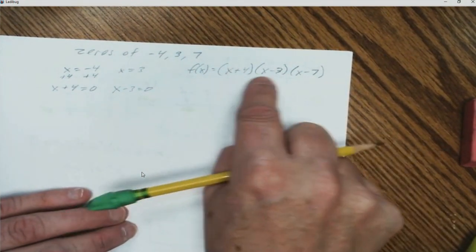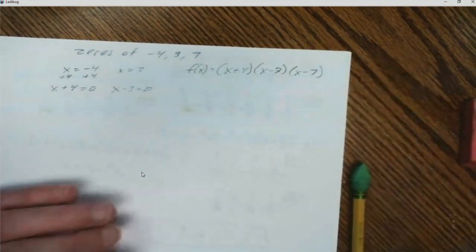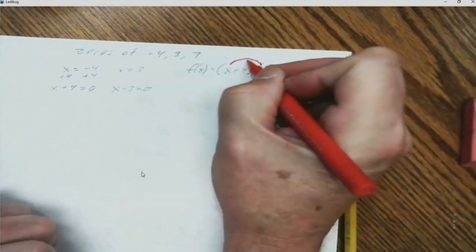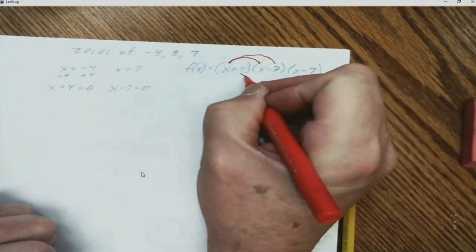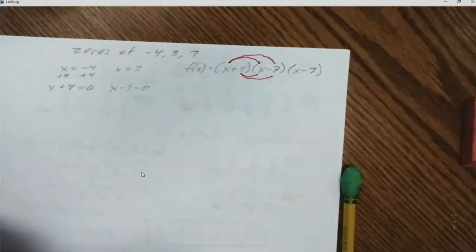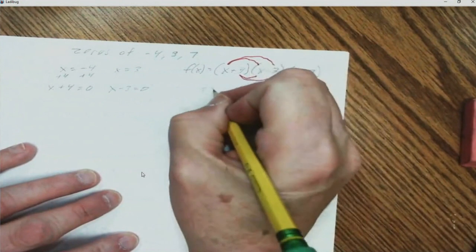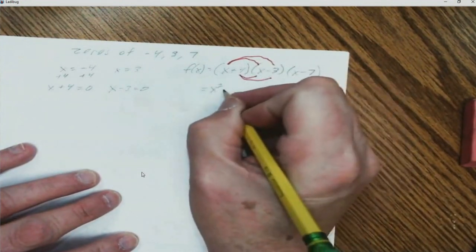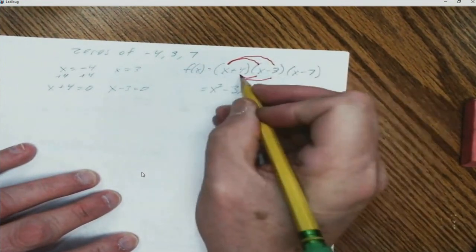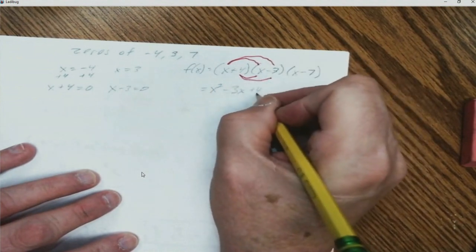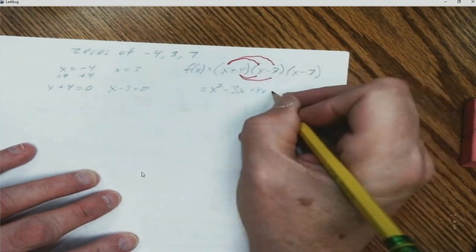X plus 4, we'll do the first ones together first. So, right, we just distribute. We take the x and multiply it by both terms. And then we take the 4 and we multiply it by both terms. So we'll do these two first. X times x is x squared. X times negative 3. 4 times x. And 4 times negative 3.